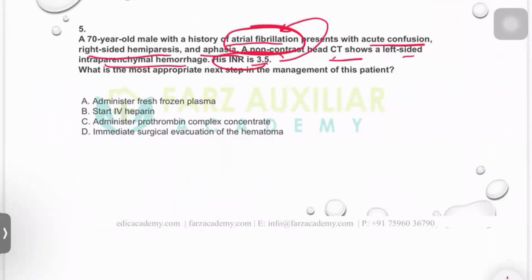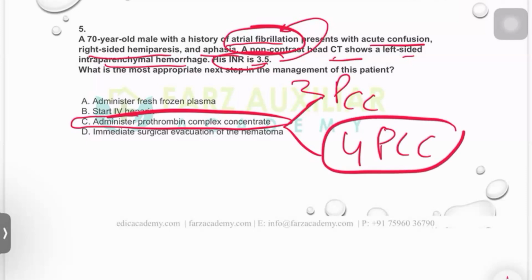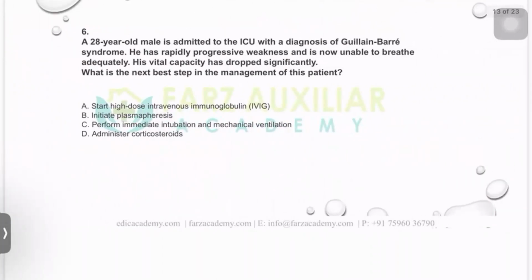What is the most appropriate next step in the management of this patient? PCC. Administration of prothrombin complex concentrate. Wonderful. So we have two types of PCC available: 3-factor PCC, 4-factor PCC, and of course Octaplex. So the answer is 4-factor PCC. So administer prothrombin complex concentrate.